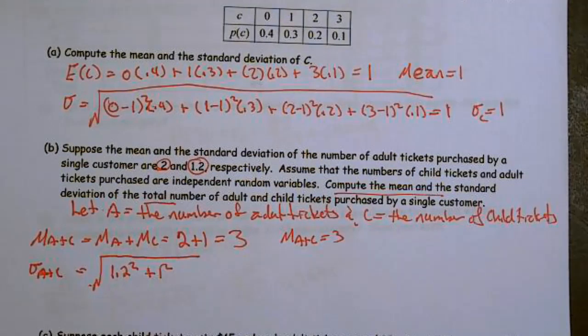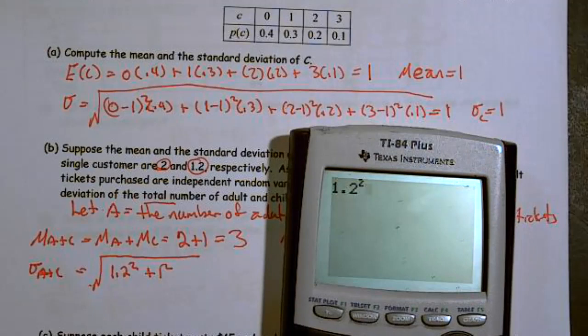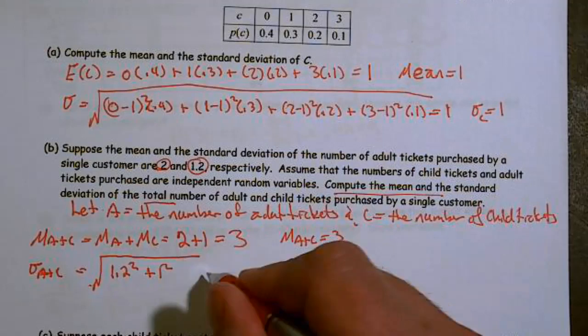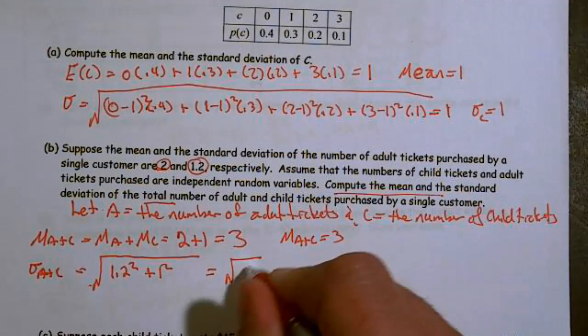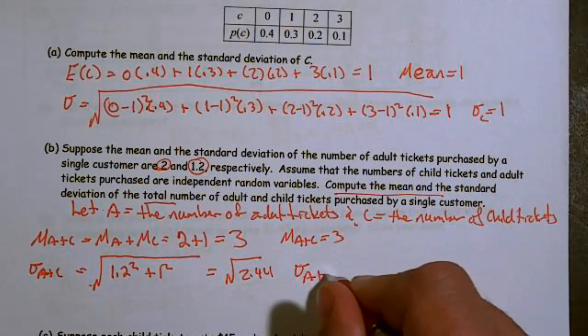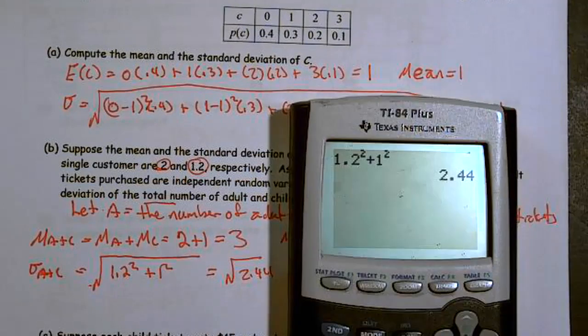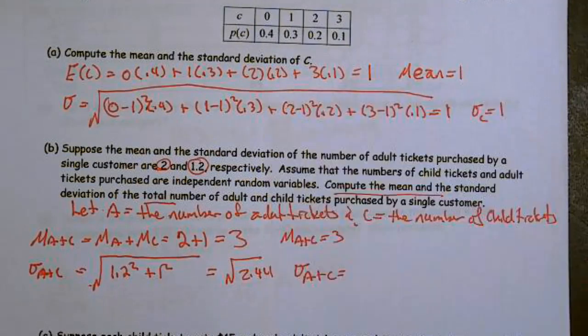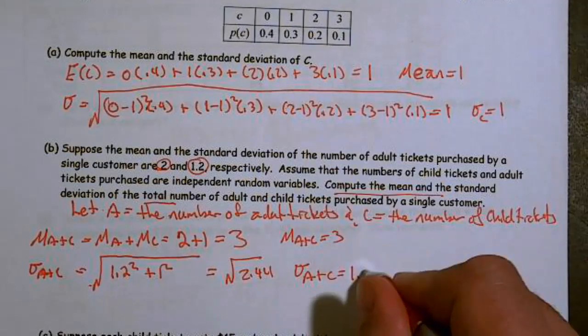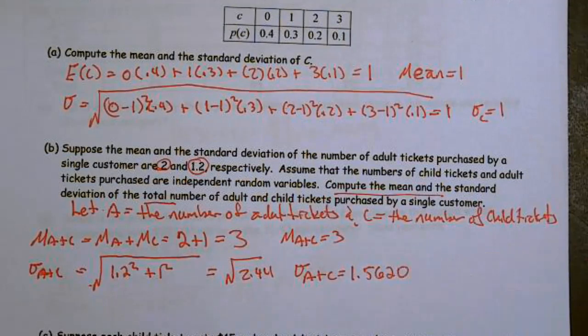When we do that, we get 2.44, so the standard deviation equals the square root of 2.44. Raise that to the half power, 1.562. All right, so that would have gotten us full credit on that part of it.